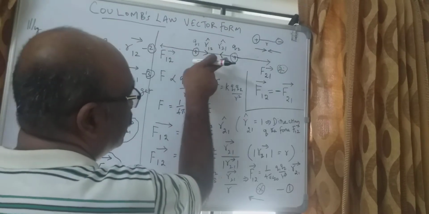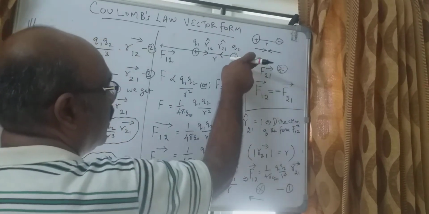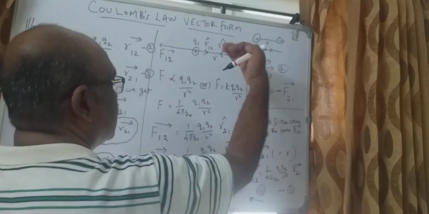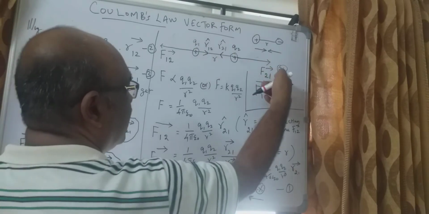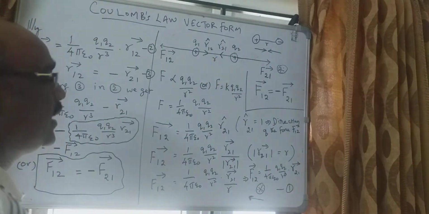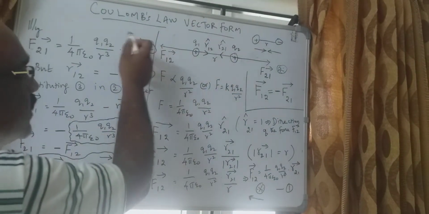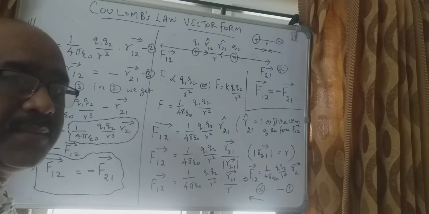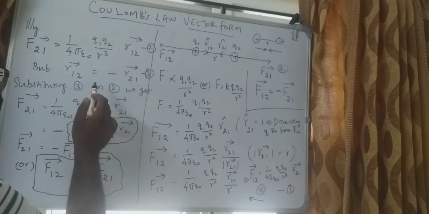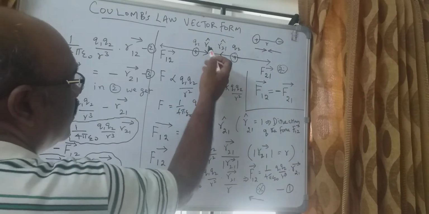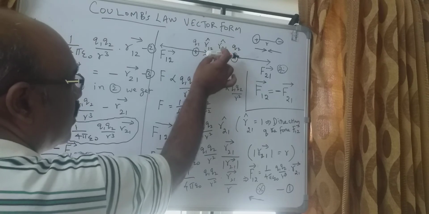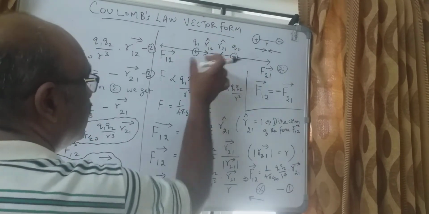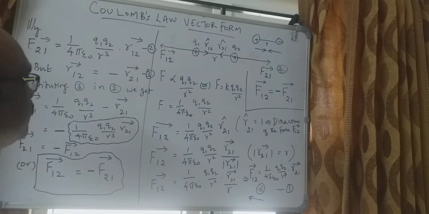That means this force is going in this direction, but the other force is along this direction. So, both the forces are equal in magnitude, but they are opposite in direction, which is clearly specified when we denote the force with the vector sign. One is going this way and the other is coming this way, so they are opposite to each other.